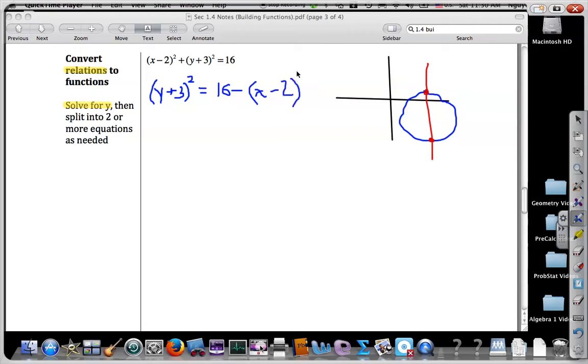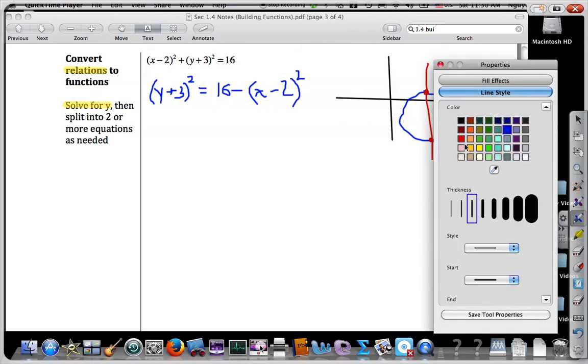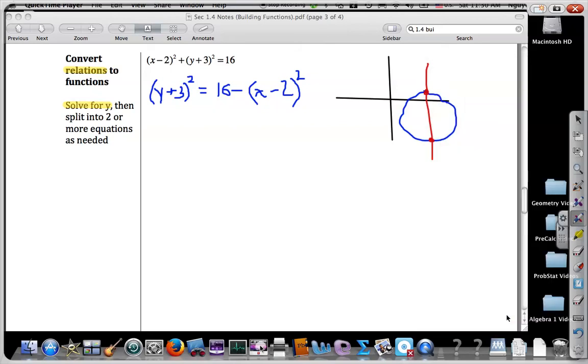That's the first step. Then what I need to do is to take the square root of both sides so that I get closer to having y by itself. And you have to be careful that when you take the square root of any number or any expression, you're going to get a plus or minus.